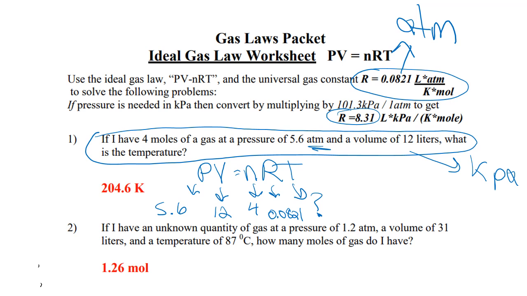And so we have 5.6 times 12 divided by 4 divided by 0.0821. And I got that same answer there. If I went back to the question, though, we only have 1 sig fig there. So let's just pretend that's 2 sig figs.